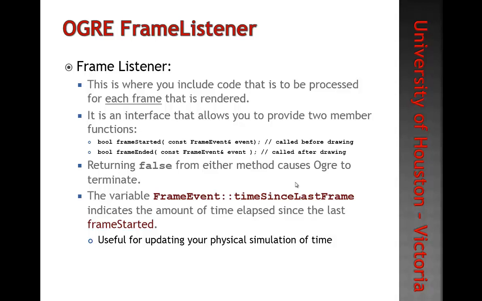So for example, to modify the speed at which your objects are moving about and your interactions are happening. So frame listeners, with the frame event reference, will enable us to implement mechanisms either per frame or per time. So it's very, very useful to utilize.